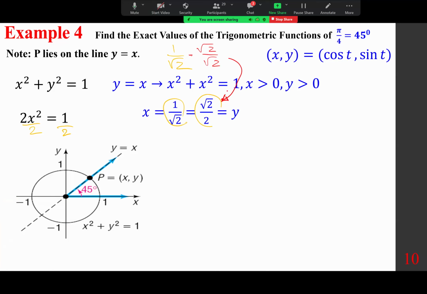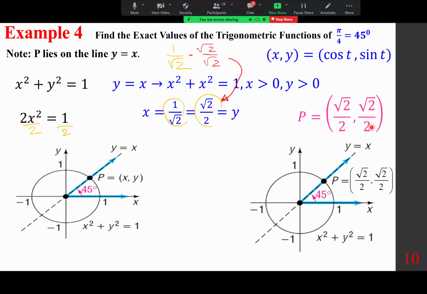It's very straightforward. You've seen it before. And so therefore, P has identical coordinates, square root of 2 over 2 for each. So x is that, which means cosine of 45 degrees is that. Y is that, which means sine of 45 degrees is also the same thing.